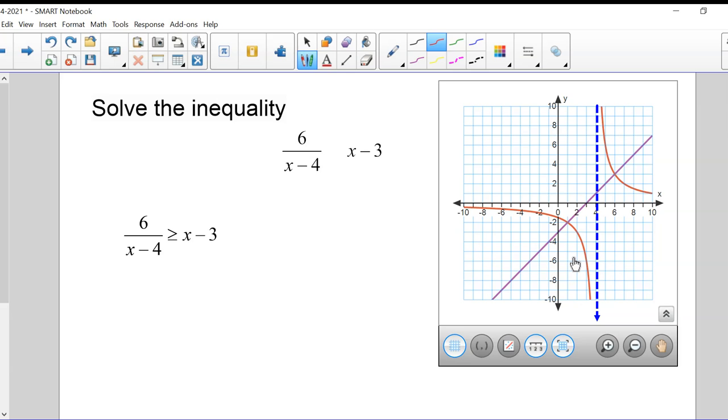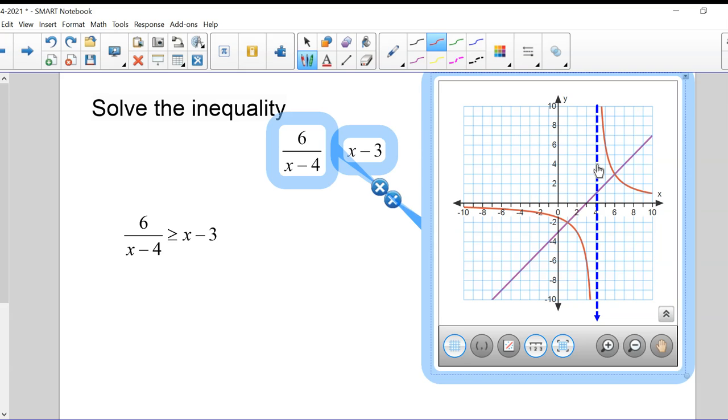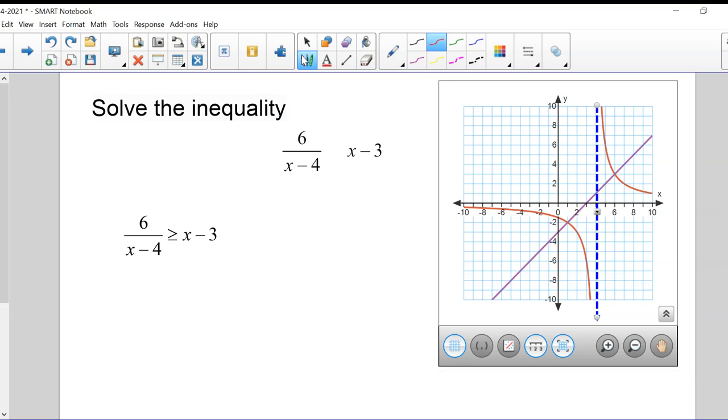And if I ask the question, where is the rational function greater than the linear function, which is to say, in fact, I'm going to get rid of the asymptote here. You don't really need the asymptote. Can you look at a diagram and make that determination? You actually can.